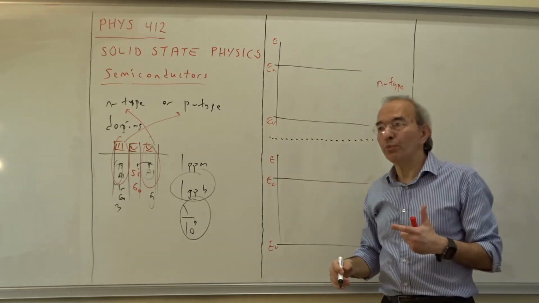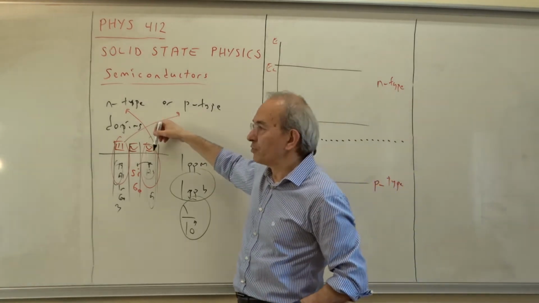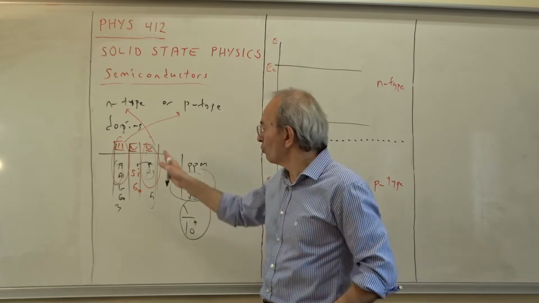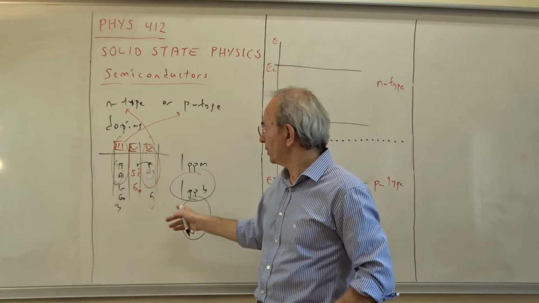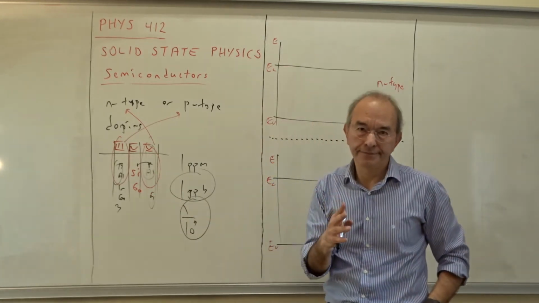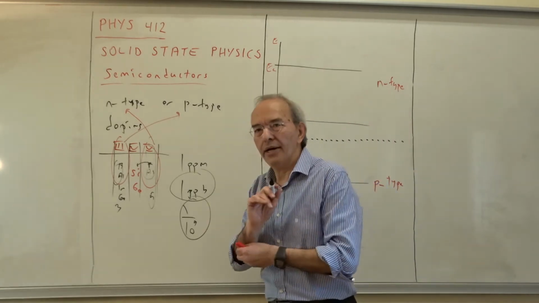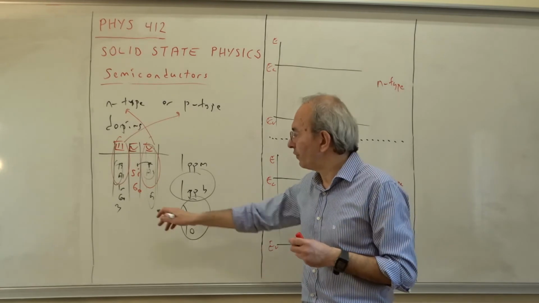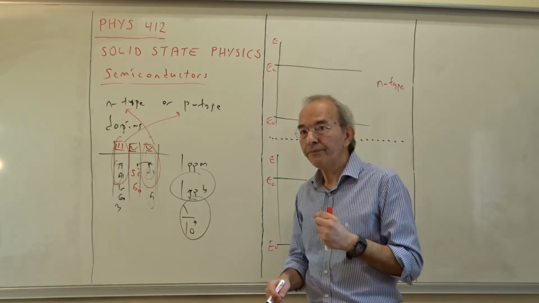And for the case of N-type doping, which means we have introduced atoms from group 5, such as phosphorus or arsenic, or any other industrially convenient element from group 5, having 5 electrons, alright?